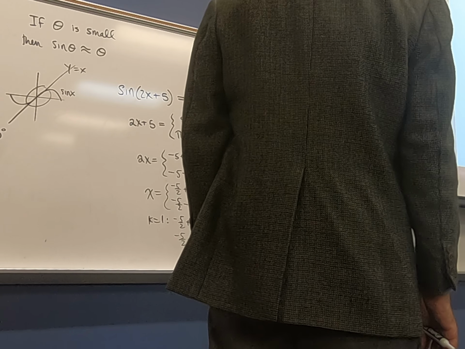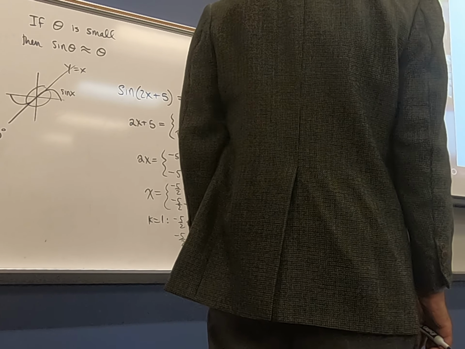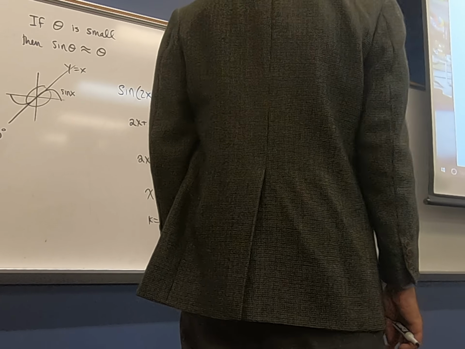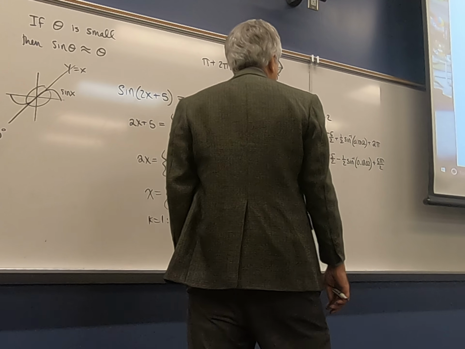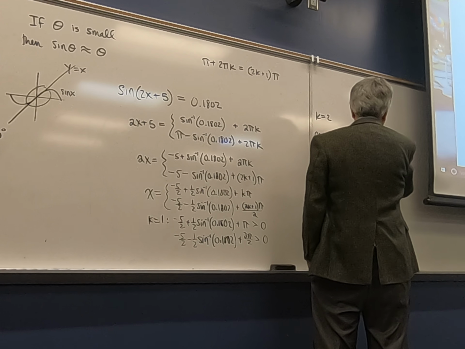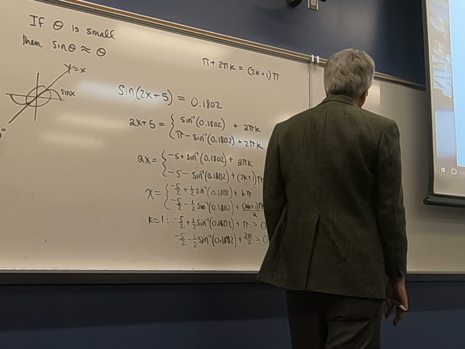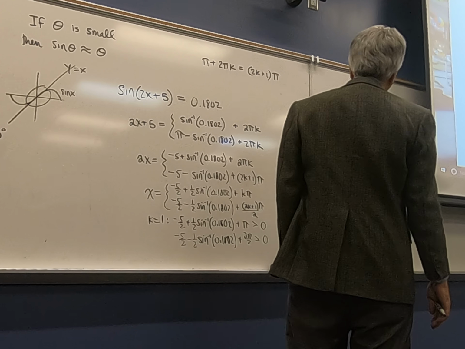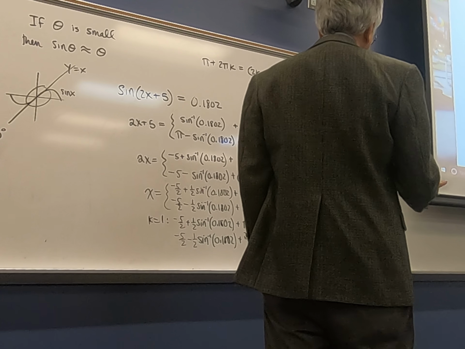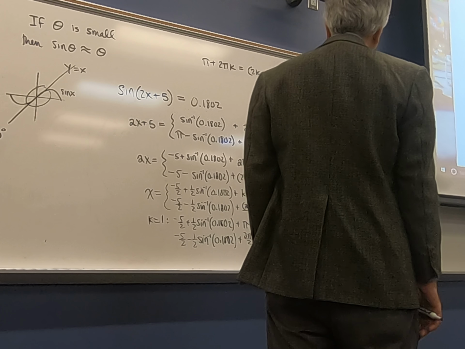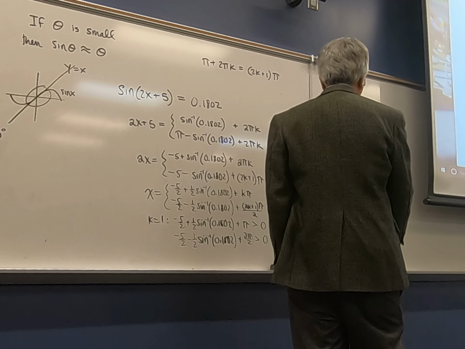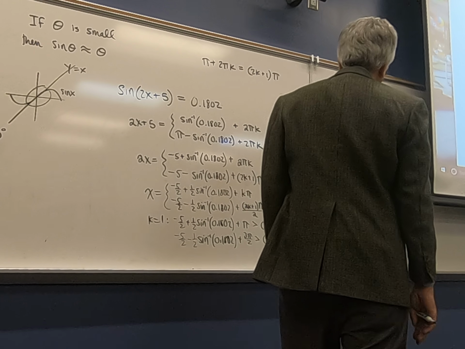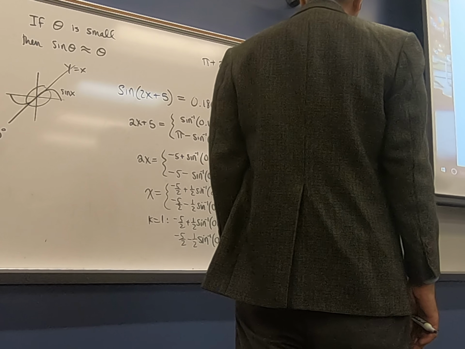Sure. Are those all the solutions, or are there more? How about k equals 3? Well, with k equals 3, it's the same thing plus 3 pi. 3 pi is getting close to 10. You've got negative 3 plus 10. That's going to be too big. It's a close call, huh? How about here? I'd have 7 pi over 2. Yeah, that's also going to be too big.